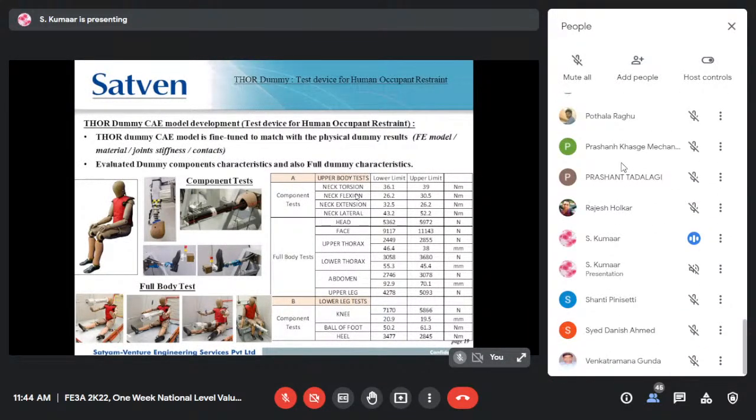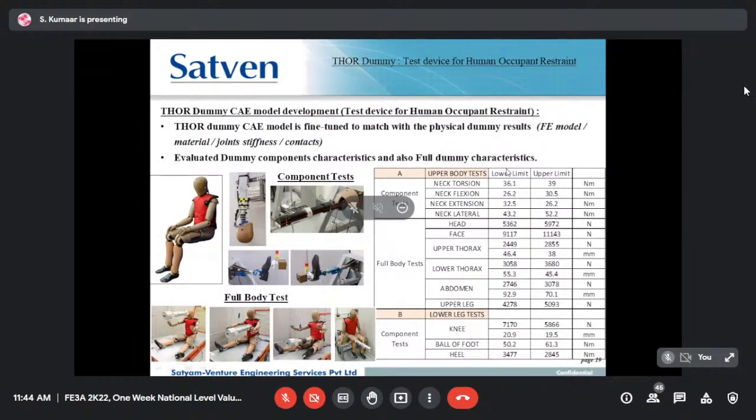We check those parts, perform the simulation again, and we should get our response within the limit. The same way we have to do for neck extension and neck lateral also. This is all only for the neck. We need to do component level tests for the lower leg also. In the lower leg, we need to perform the knee: what force is experienced and how much the slide is there. So these things we need to perform.